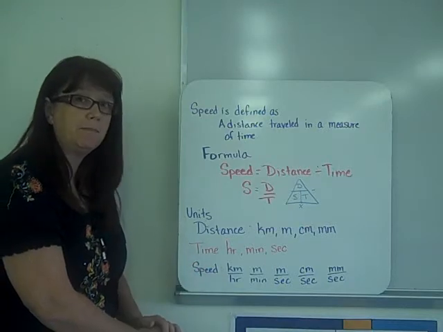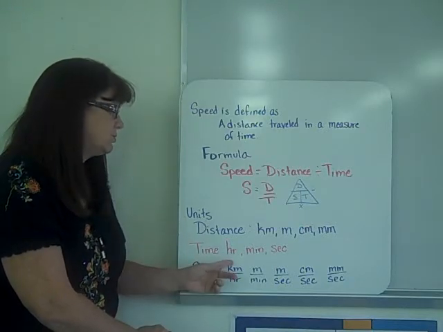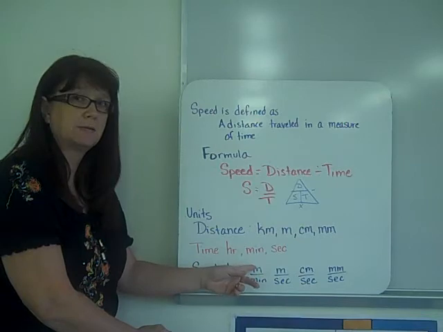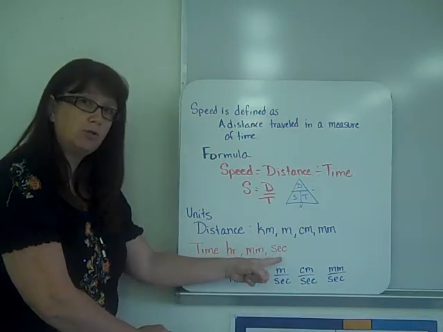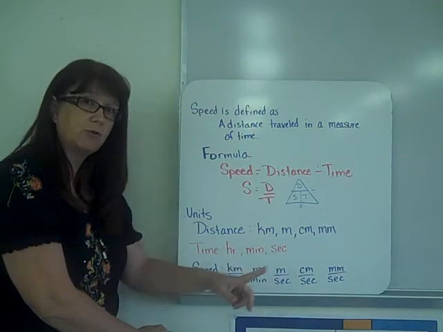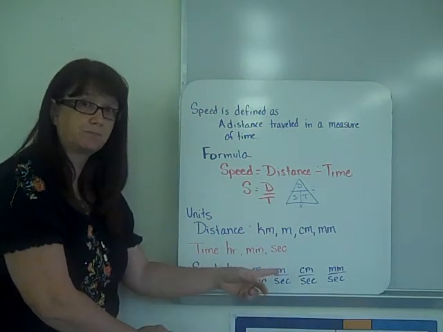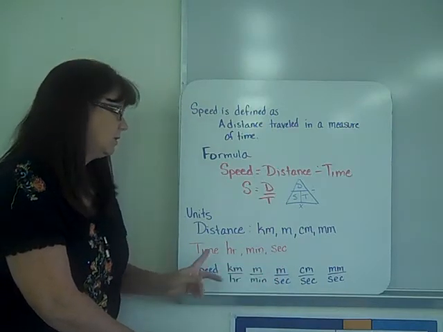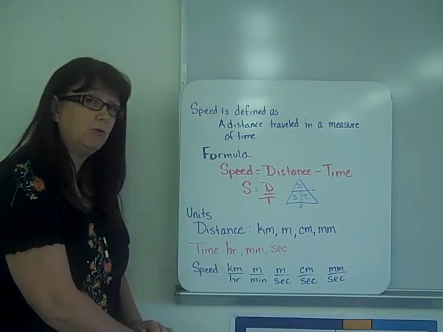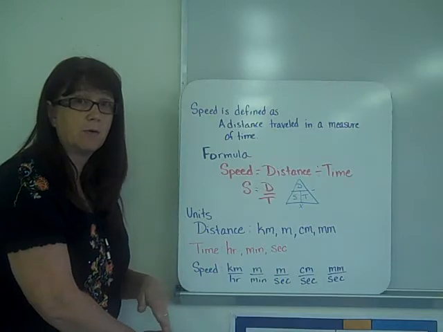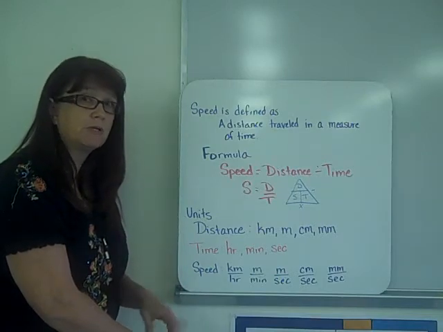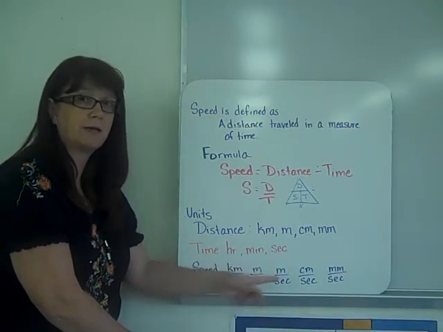For time, we will use hours, minutes, and seconds. Sometimes you will see second referred to as just an S. We may also use day, week, or month, but most of what we will use in class will be hours, minutes, and seconds.